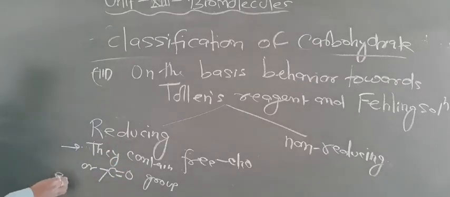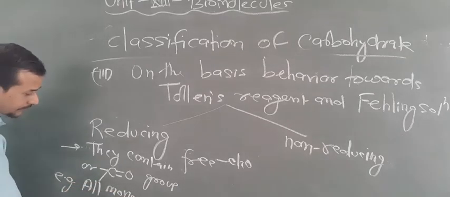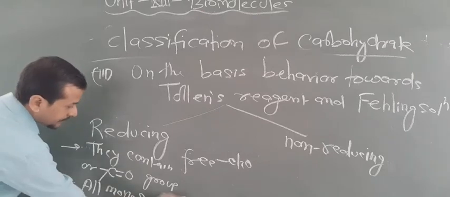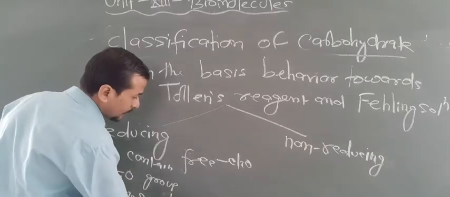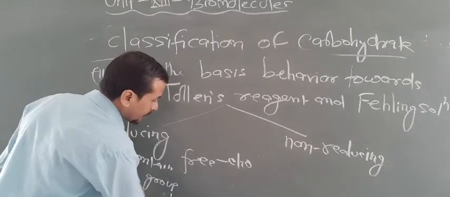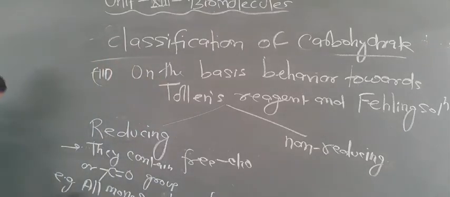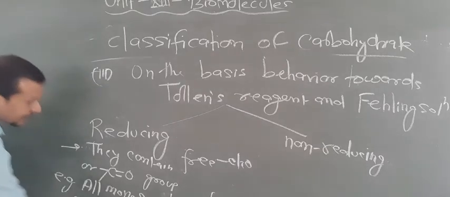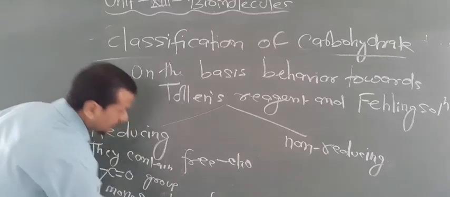Common examples of reducing sugars are all monosaccharides, such as glucose, fructose. And in disaccharides, all except sucrose.